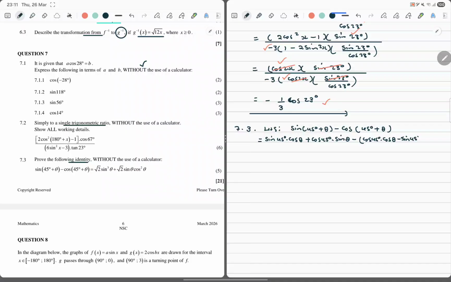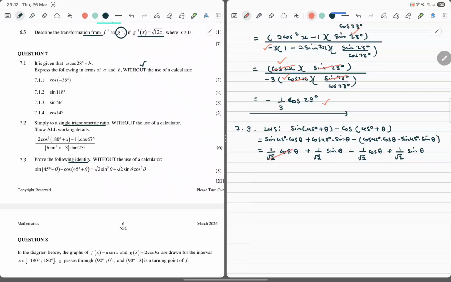Minus sine 45 degrees sine theta. This is 1 over root 2 cos theta plus 1 over root 2 sine theta minus 1 over root 2 cos theta plus 1 over root 2 sine theta.